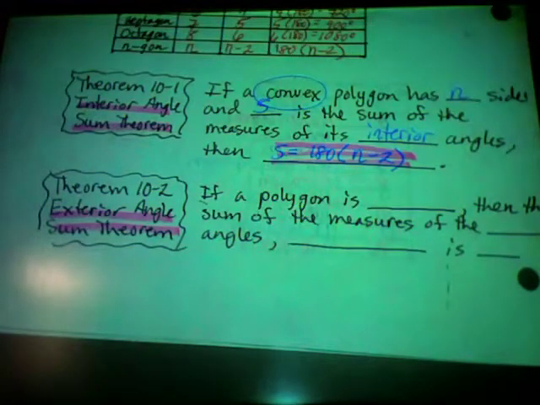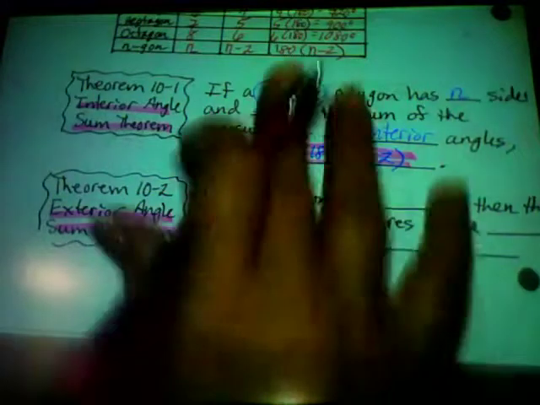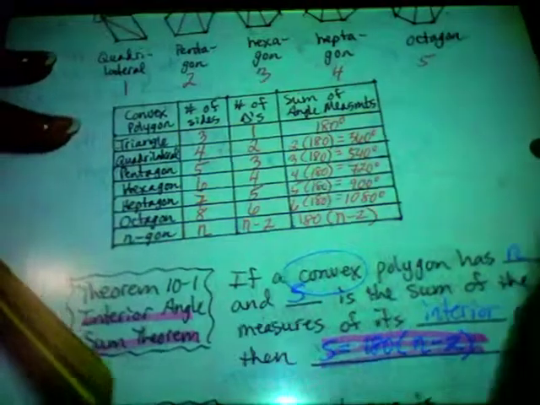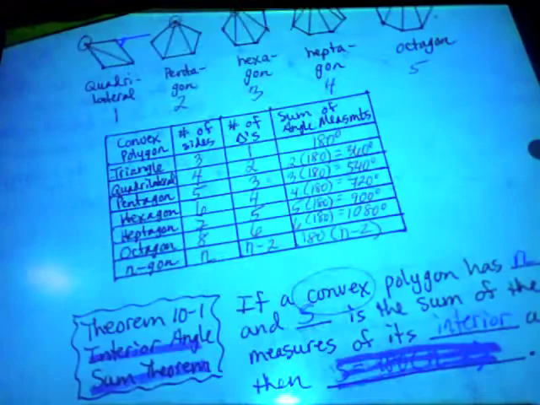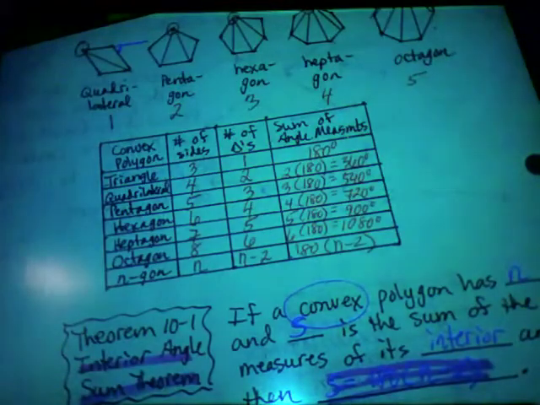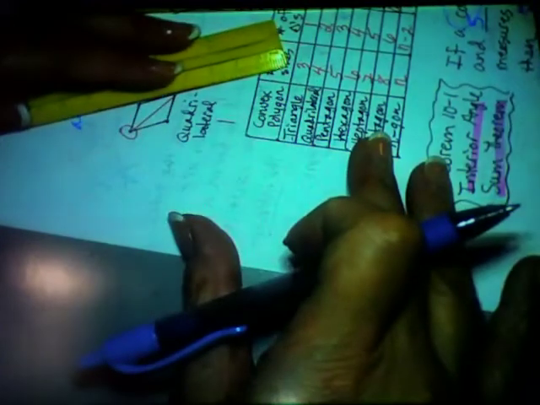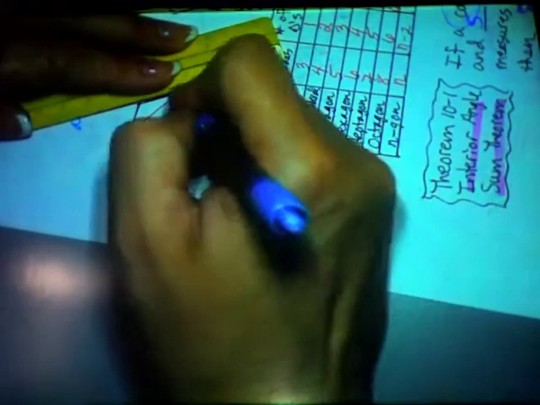The exterior angles, and here's what an exterior angle looks like. So if I go up here and I extend a side and create an angle on the outside of the polygon, so if I extend this side right here, this right here is an external angle. And I can turn this like a pinwheel and keep creating all the external angles. So I'm going to extend just one side, not both of them, and I get an external angle there.